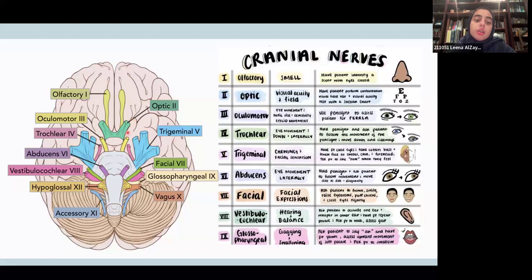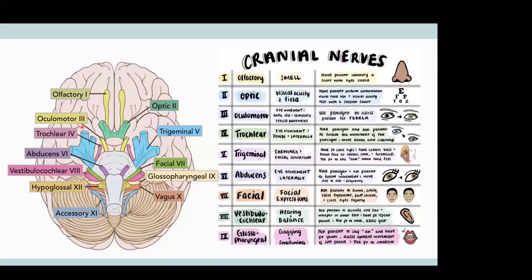And then the next one, what is the foramen and what comes out of it? The superior orbital fissure. It carries the oculomotor, trochlear, abducens, which is 3, 4, and 6, and the ophthalmic division of the trigeminal, which is V1.